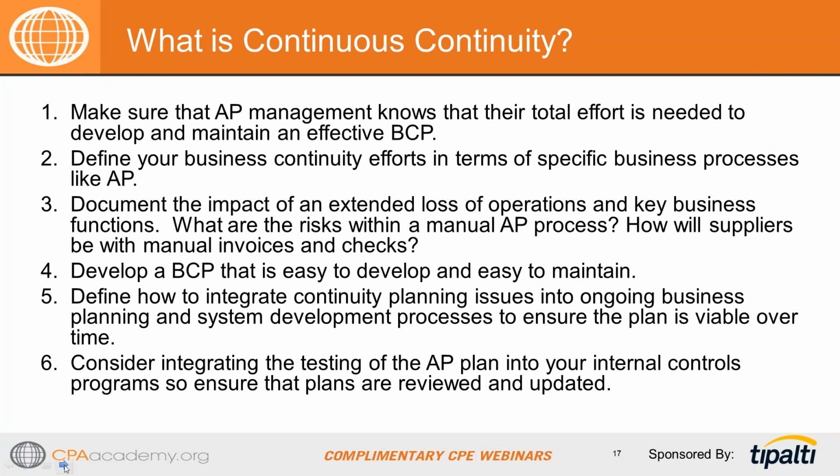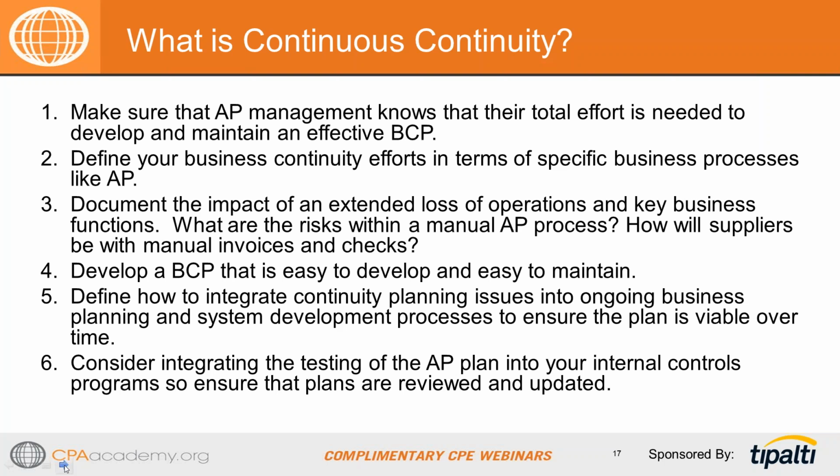And if we take it a step further and define continuous continuity, we really need to make sure that AP management knows the total effort is needed to develop and maintain an effective plan in terms of specific business processes like AP. And to take it a step further, you actually break AP down into all those functions like supplier master.